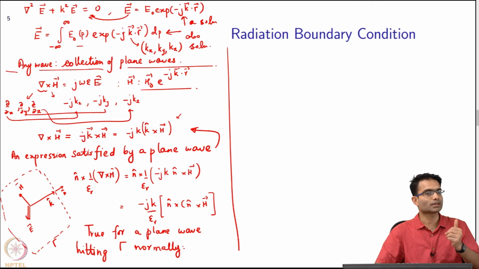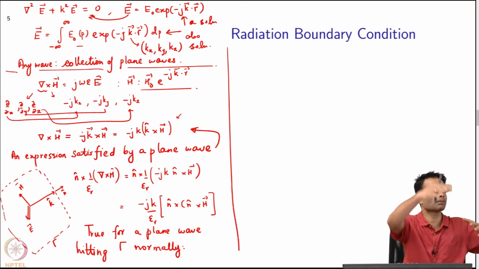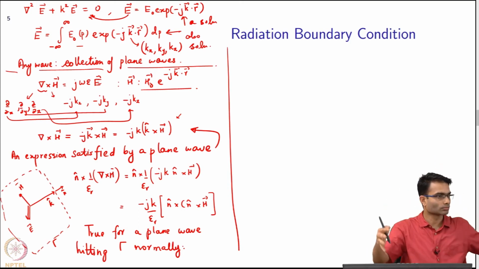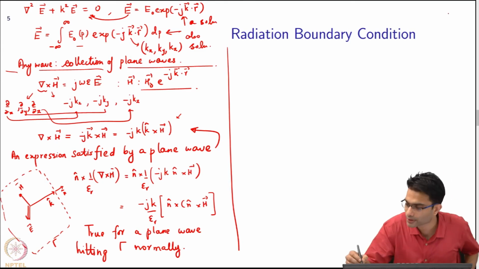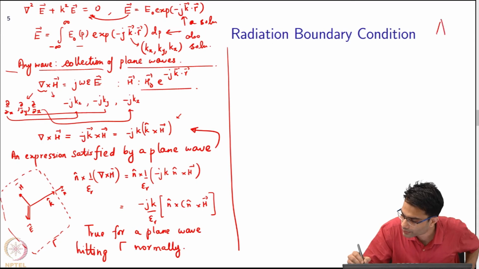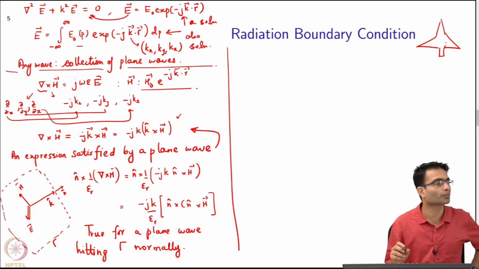If you notice, when we do FEM calculations, we will have the scattering object and surround it by some amount of vacuum, and then terminate the computational domain. There is some amount of air. So let us say this is my aircraft over here. Now the question is, where should I draw my computational domain?